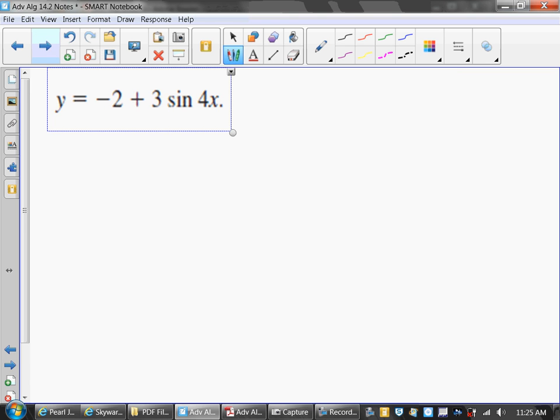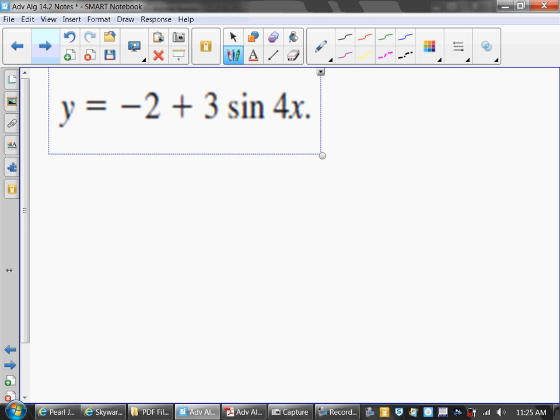For example, I have y equals negative 2 plus 3 sine 4 of x. You see what they did there? What do they do to the k value? They put it in the front.